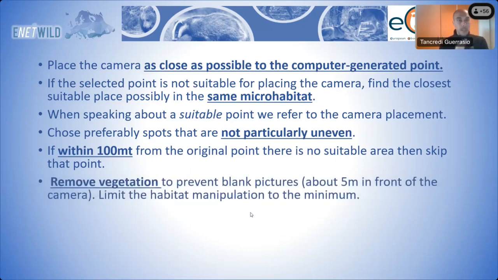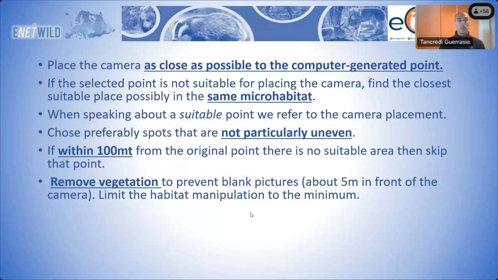Vegetation removal can be done, of course, but just the minimum possible to reduce the activation of cameras by the vegetation. We don't want to alter the habitat too much, because that would probably alter the animal behavior, and we absolutely don't want that. So we will reduce vegetation removal to the least possible, and to the first 5 meters in front of the camera.